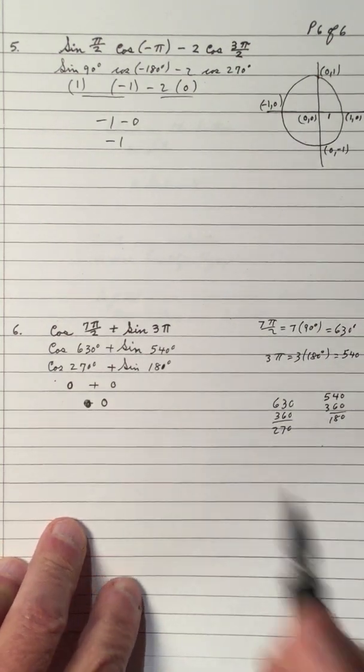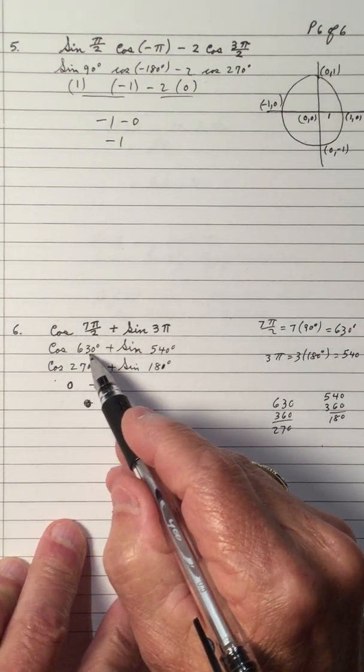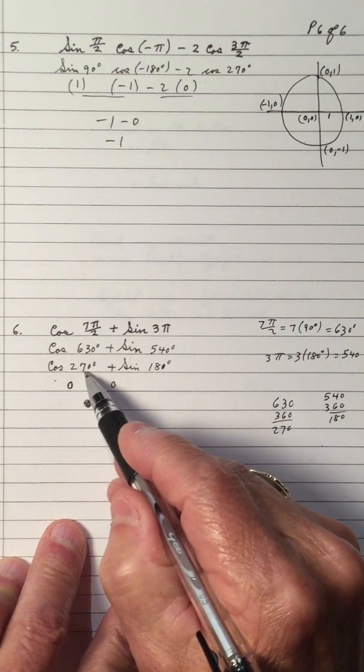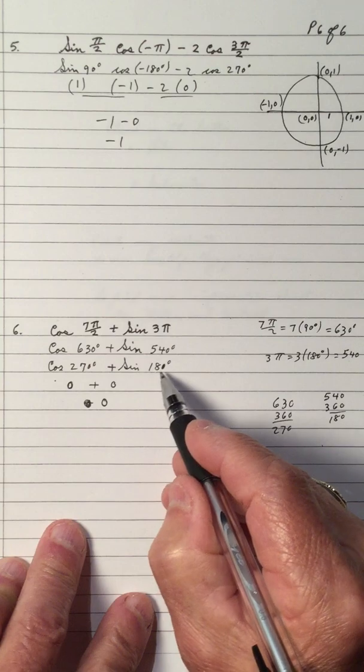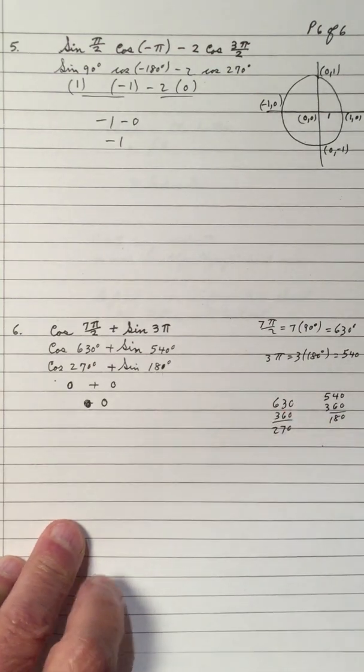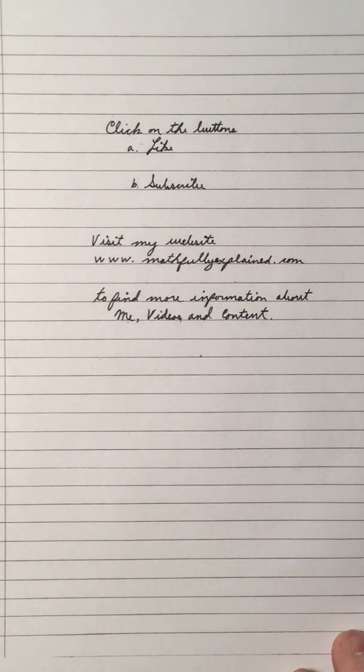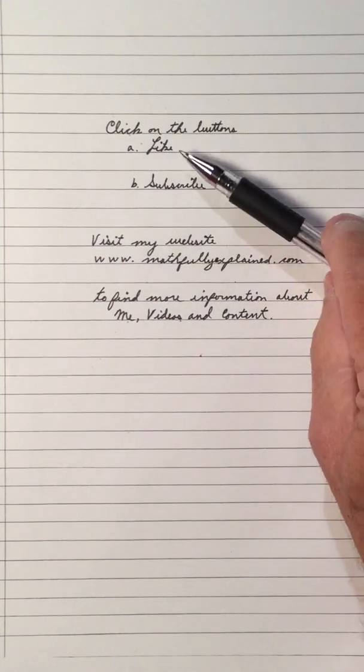And they're the same. So the cos of 630 is the same as the cos of 270. The sine of 540 is the same as the sine of 180, because they end up at the same points on the unit circle. So that brings us to the end of this unit.